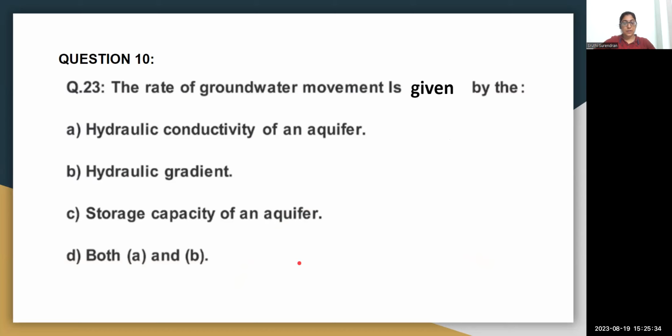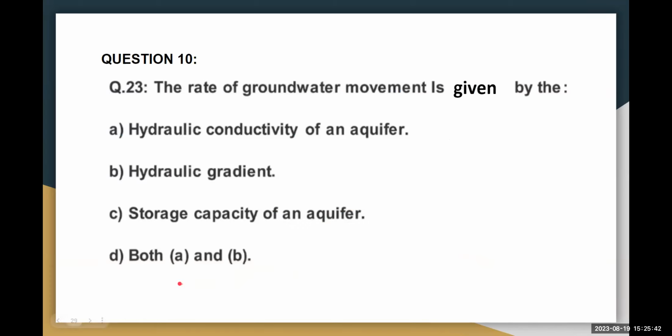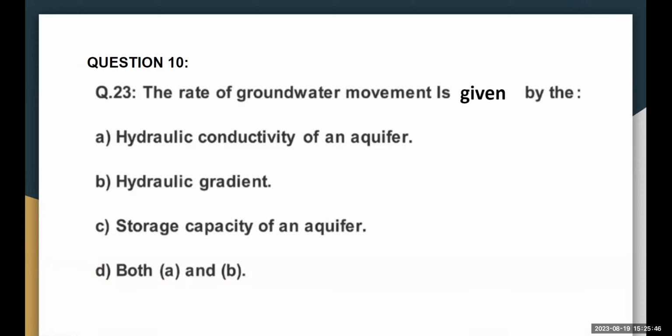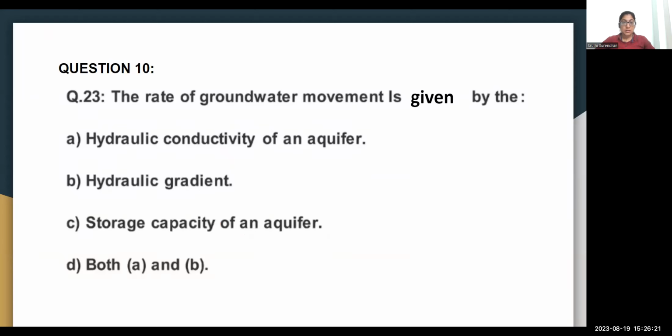The hydraulic conductivity of an aquifer, hydraulic gradient, storage capacity of an aquifer, or both A and B. Okay, so the answer provided is both A and B. Correct. The answer is hydraulic conductivity and hydraulic gradient.